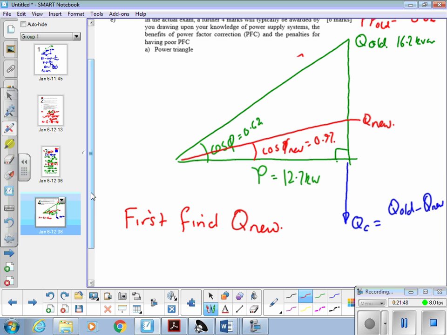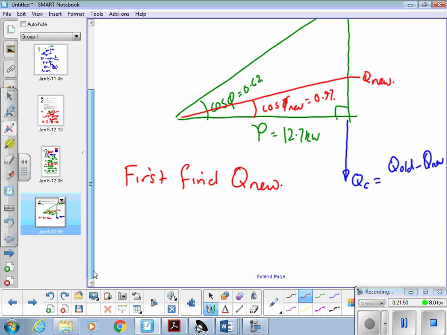So first we worked out the angle by doing cos to the -1. So you can do theta is equal to cos to the -1 of 0.97. And you can work that out if you want and create an angle. If you do that, you've probably got to round that angle and so on.